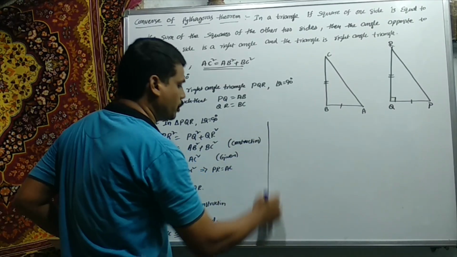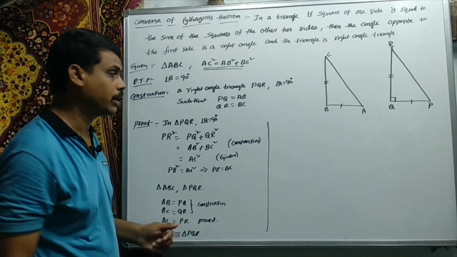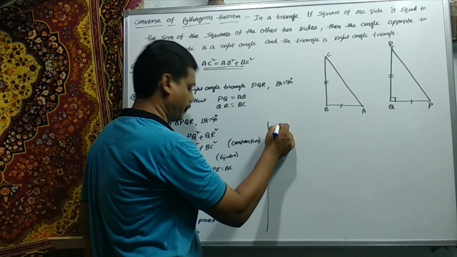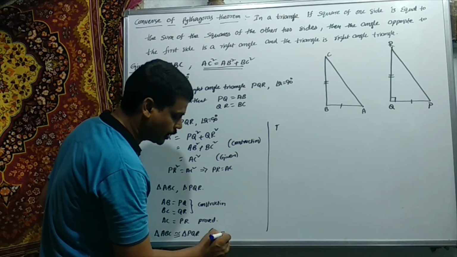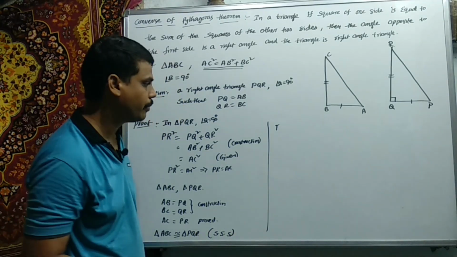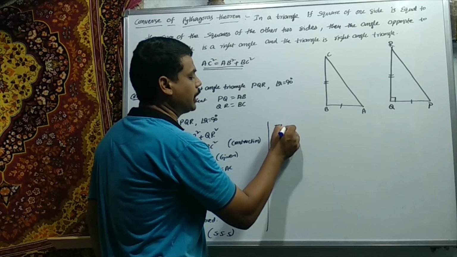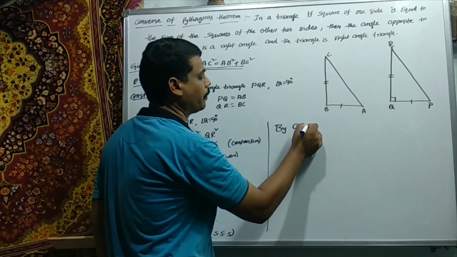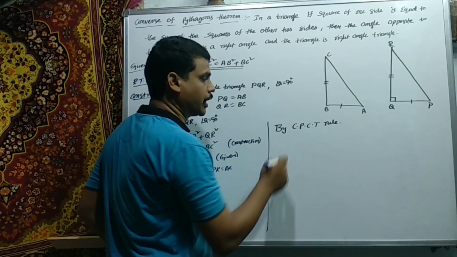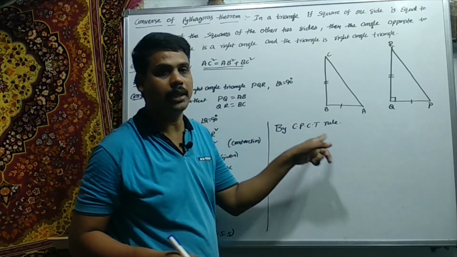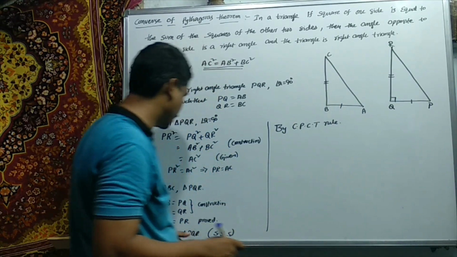So these two triangles are congruent by the side, side, side property. By the CPCT rule, corresponding parts of congruent triangles are equal. So what are the corresponding parts?